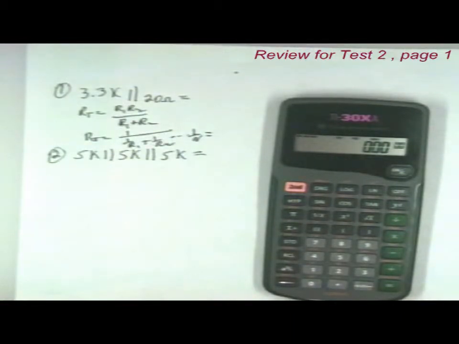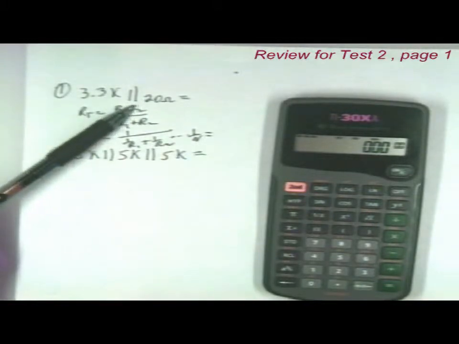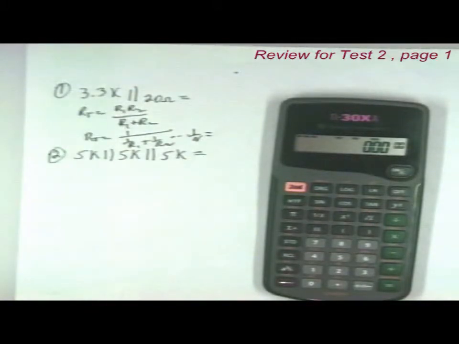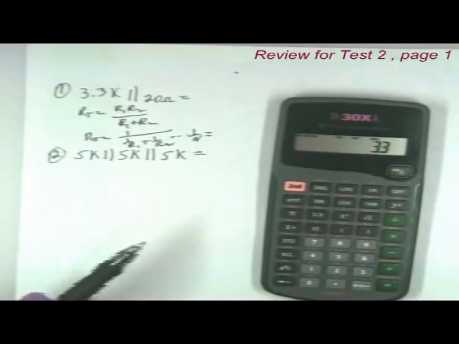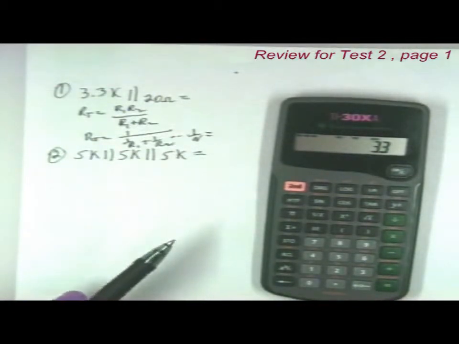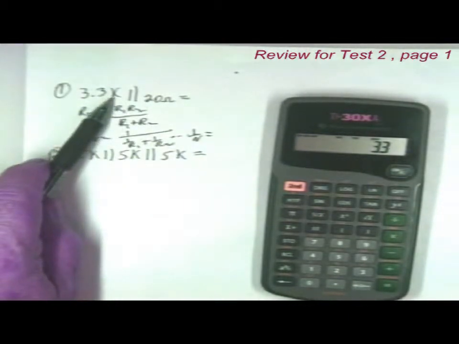Now let's look at the problem at hand. We have a 3.3 k ohm resistor in parallel with a 20 ohm resistor. In order to work this problem, the first thing I do, I put in the 3.3. Now here comes the part that some people get confused on. I want to put in the exponent. Instead of k, I want 10 to the third.